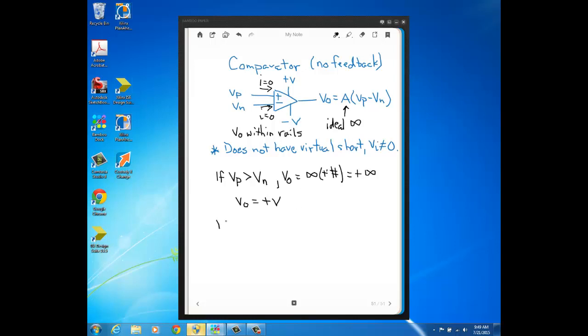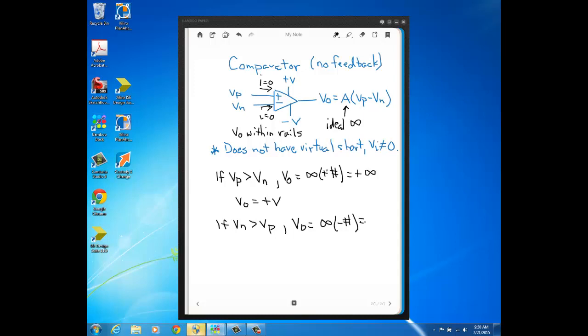All right, if you have the opposite case, if we have VN greater than VP, well, now V out will be infinity times a negative number, since VN is greater than VP.